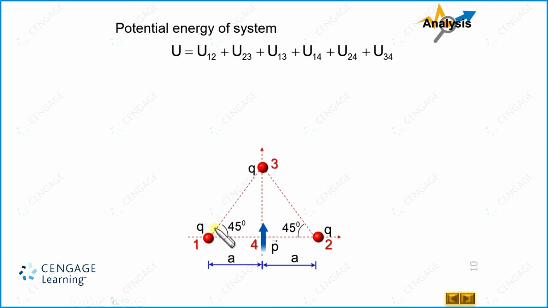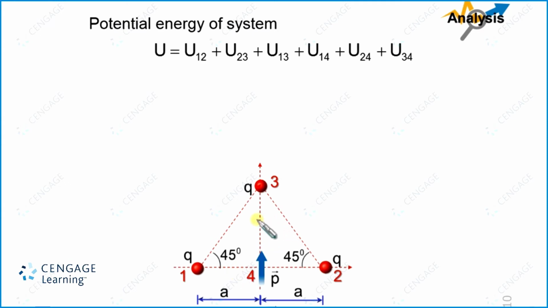U23 is the potential energy associated with again two charged particles, and U13 is the potential energy associated with charged particles number 1 and 3. You can observe here 1,3 and 2,3: the separation between the charged particles should be the same because this angle is 45 degrees. That means if this side is a, this should also be a, and this should be equal to root 2 a. Similarly, this should be equal to root 2 a.